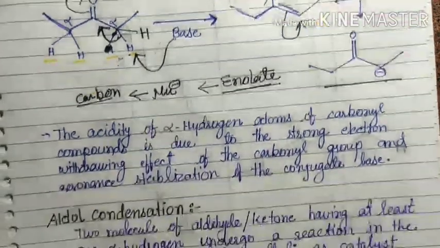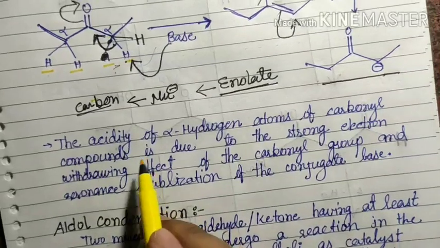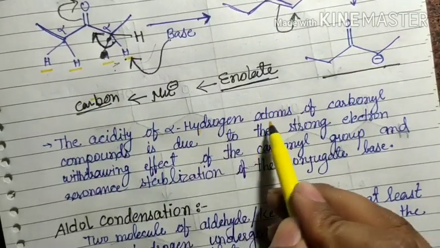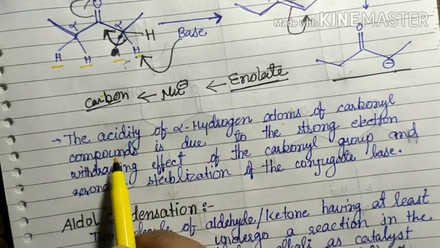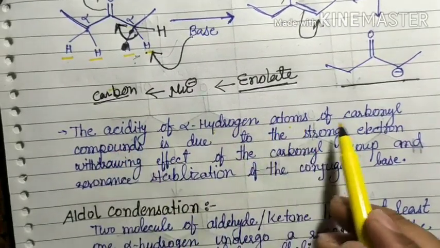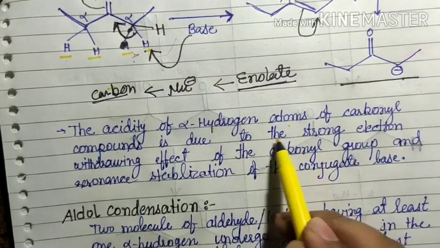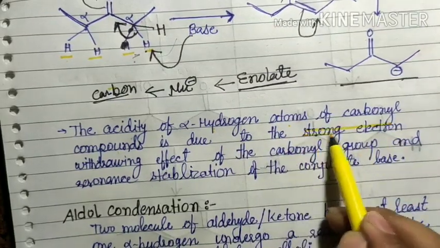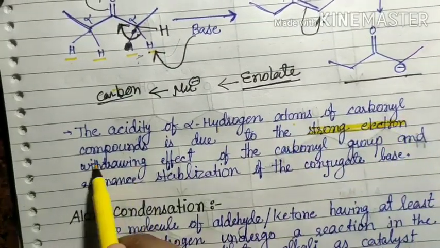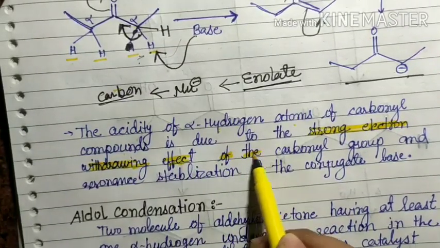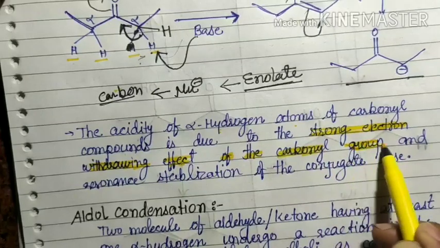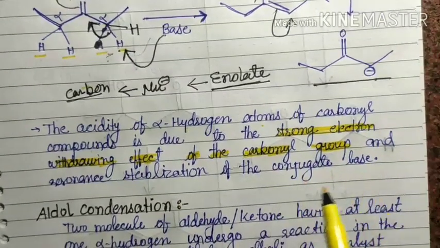Now move to the text. The text says that the acidity of alpha hydrogen atoms of a carbonyl compound is due to, first, the strong electron withdrawing effect of the carbonyl group. Clear?